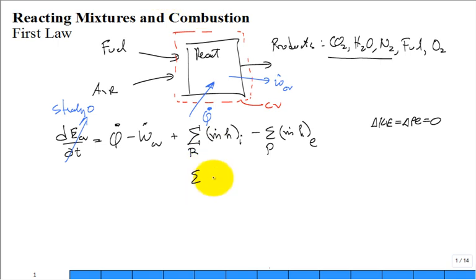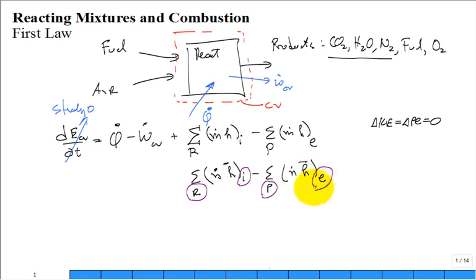The sum of n dot h's, with the h bar for each of the incoming reactants, minus the sum over all the products of n dot h bar e. Let's go slow, make sure we understand everything. Why is there this R for reactants, P for products, I incoming, E exiting?